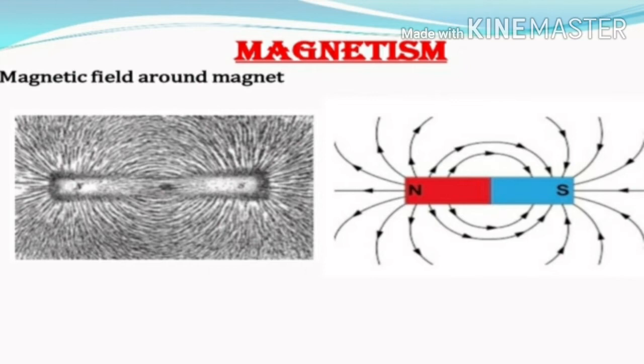Repeat this procedure, join the dots, again come back to the previous position and repeat the same steps by starting from a new spot. After drawing a number of lines, it can be seen that the lines form closed loops, starting from one pole of the magnet and ending at the other pole. This is the method to draw magnetic field lines.